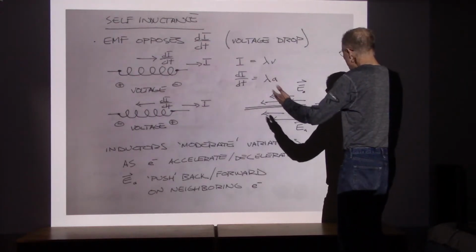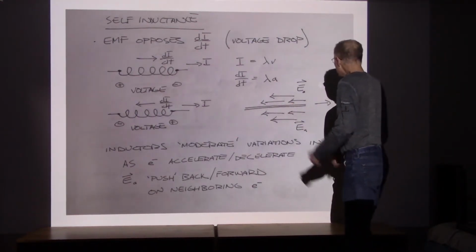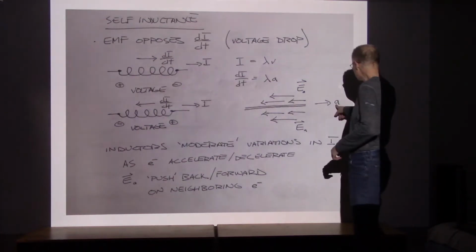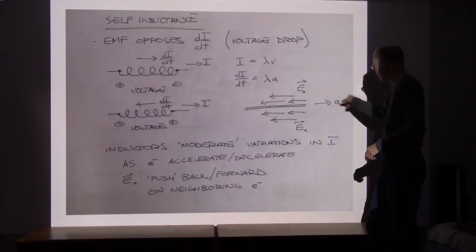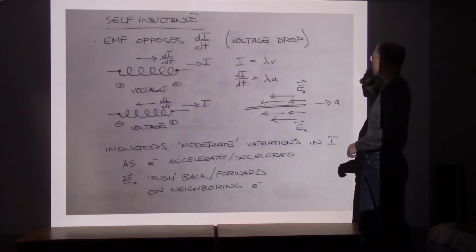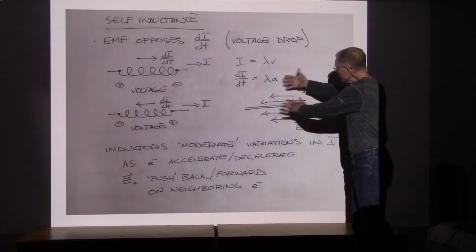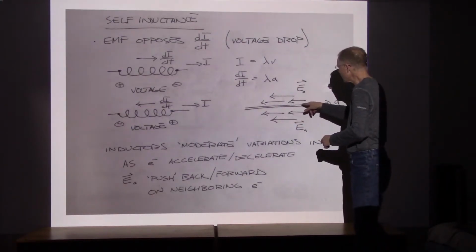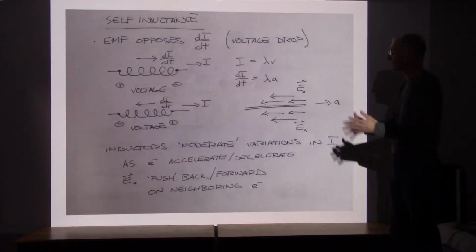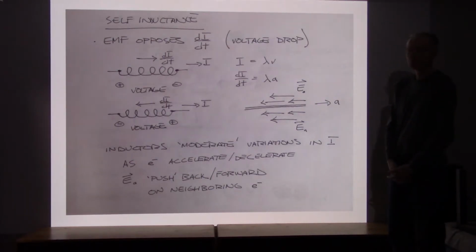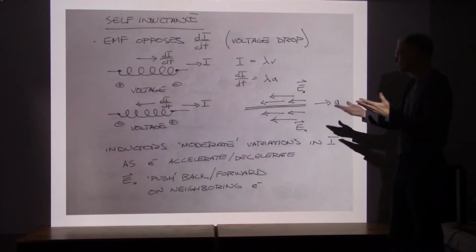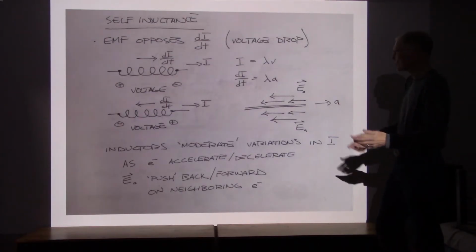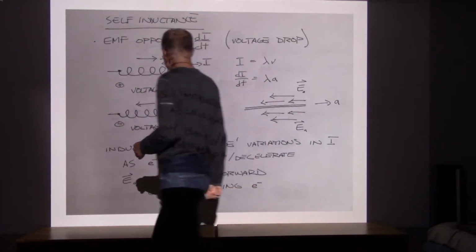All right, and here's my picture. Here's a wire. Here is the current acceleration. The charges are accelerating in this direction. If the charges are accelerating in this direction, the E fields associated with that will be in exactly the opposite direction. So everybody's trying to reduce the effects of that acceleration.